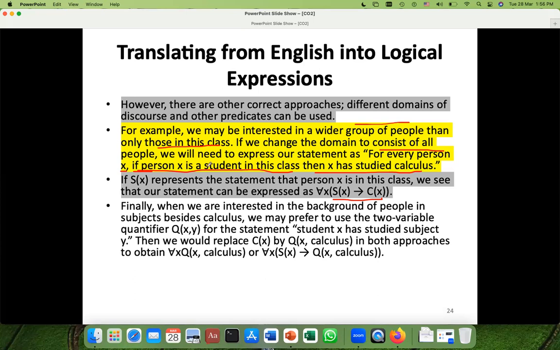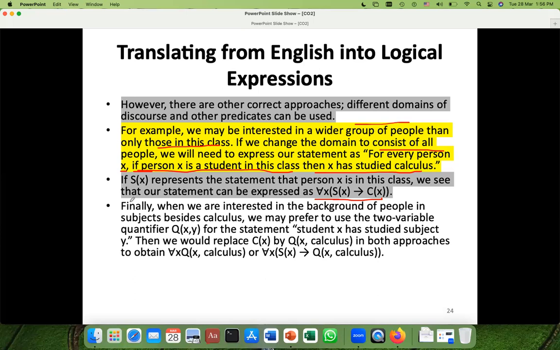So this is representing this portion of the sentence. And for every person, you have for all X outside. So this would be the mathematical representation if a student is thinking in this way.